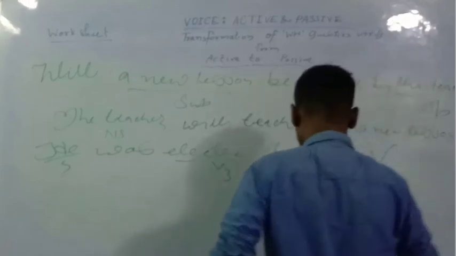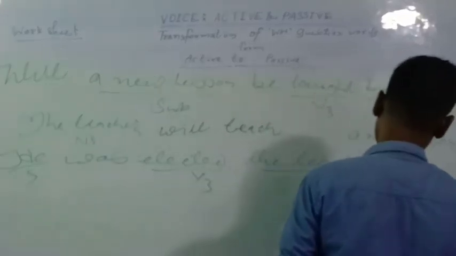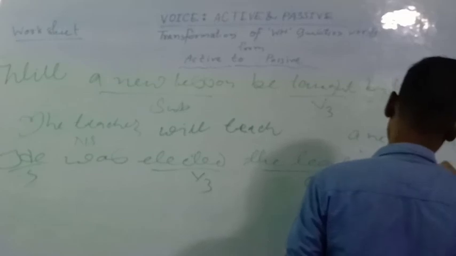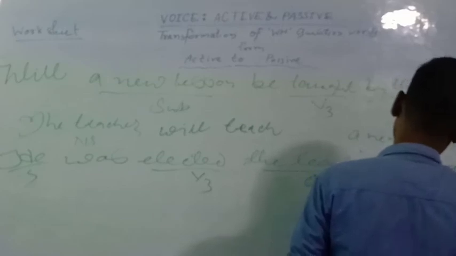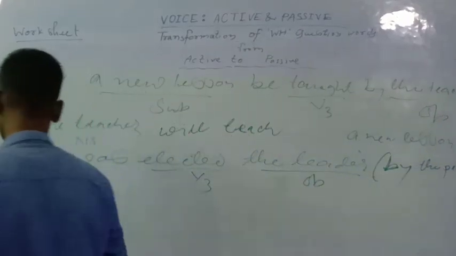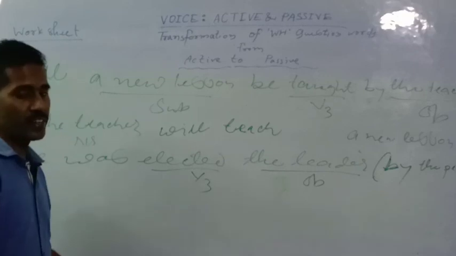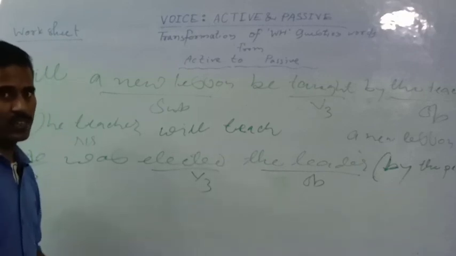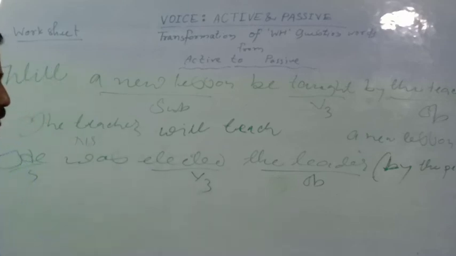By the teacher, by the pupil, by the people, by the workers, by the committee, by the laborers, anything you can write. He was elected the leader by the people.